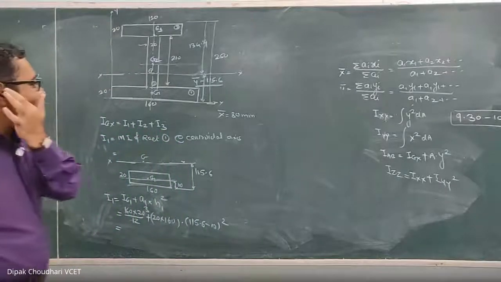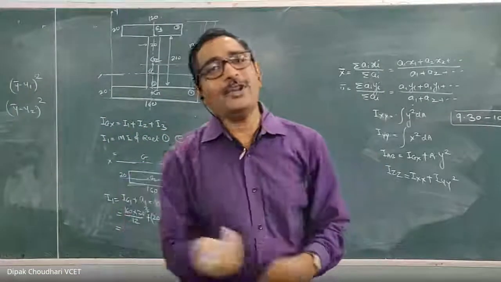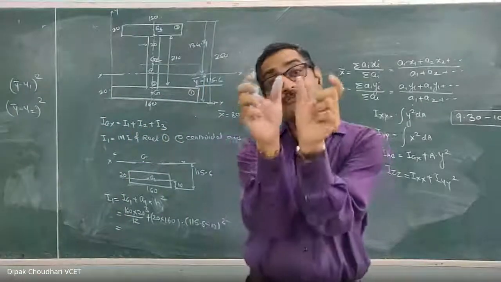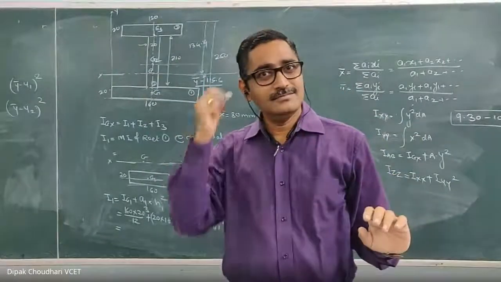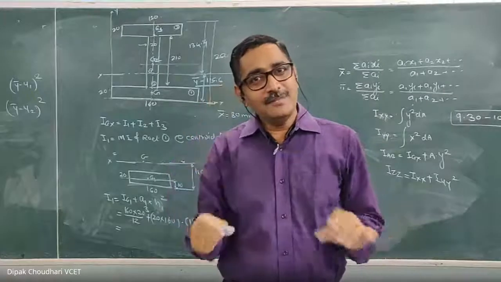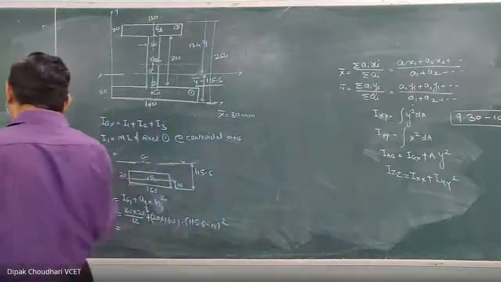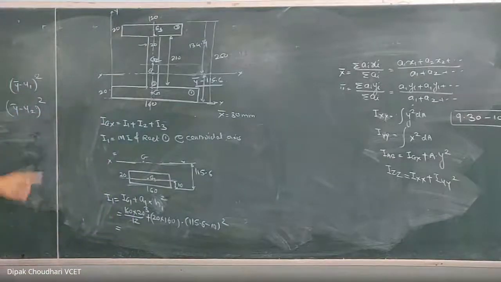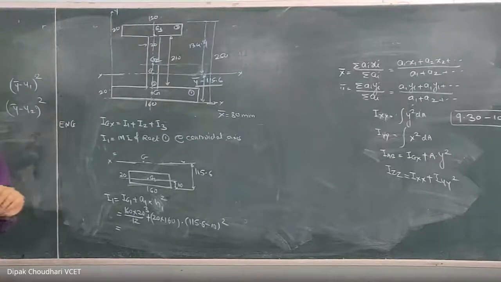Sir, it's 3579. Listen, pay attention here. Now, moment of inertia is the second moment of area, so area into square of the distance. That number generally comes as a very big number. That's why whenever you are calculating the moment of inertia, calculate it and press the shift ENG button.